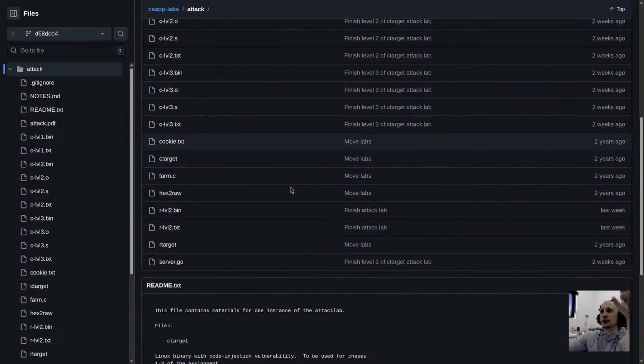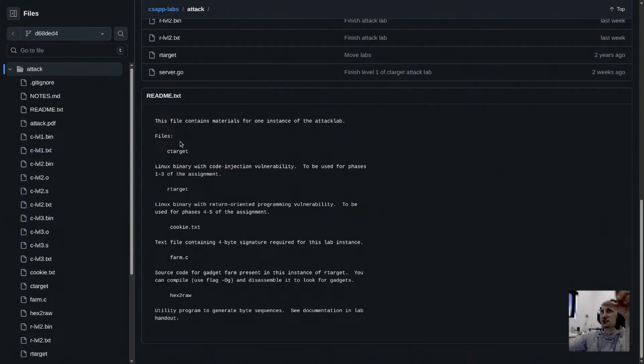The whole idea with this lab is that there's these two programs, C-target and R-target, and they're both vulnerable to stack overflows, but one of them has memory protection on it. The R-target has memory protection. So while you can still write to the stack using the stack overflow, you can't actually execute from the stack because it has execution protection. So you have to do this thing called return-oriented programming.